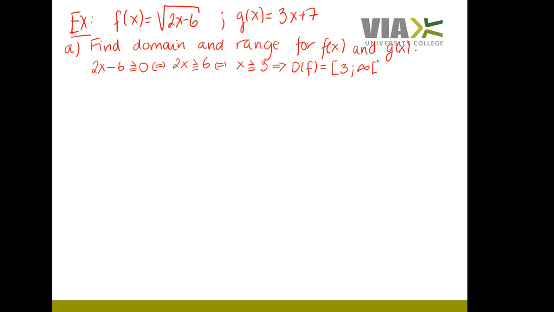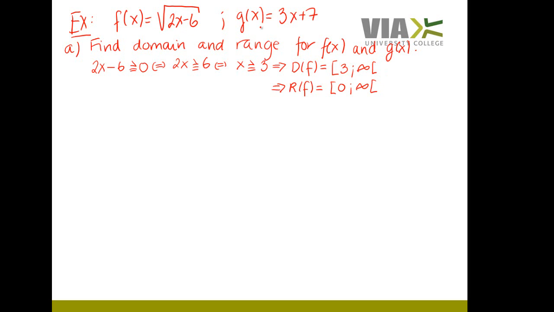The square root of any certain number will always be positive or equal to 0. So based on that, we can conclude that the range of the function f must be all the positive numbers, including 0. So now we have figured out what the domain and the range is for the function f.